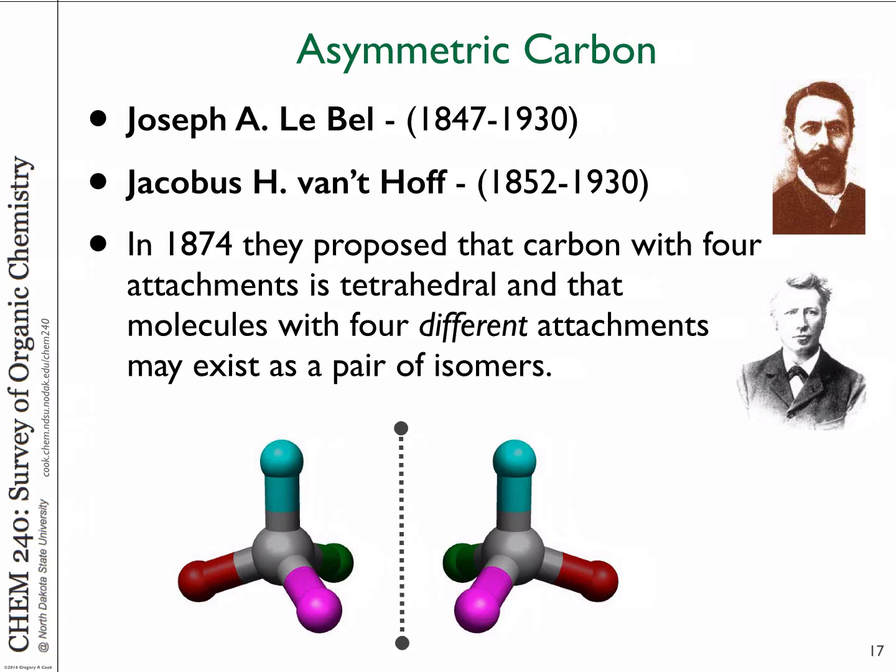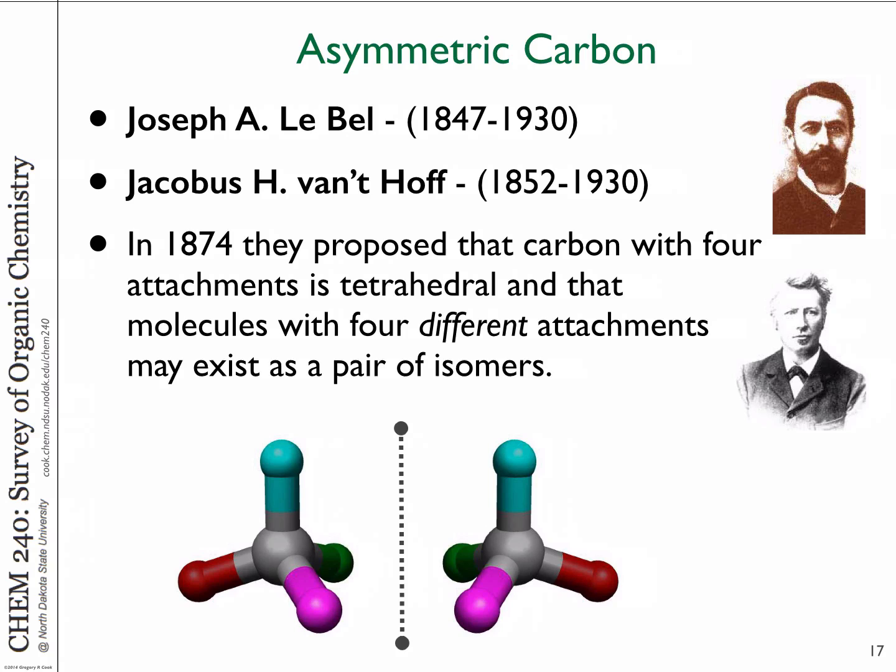And it was in 1874 when this observation that they see about chiral molecules was related to what might be the structure of a tetrahedral carbon. One of the main players in this area was Van Hoff.